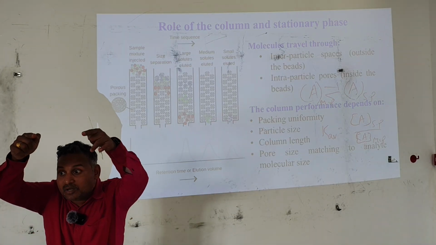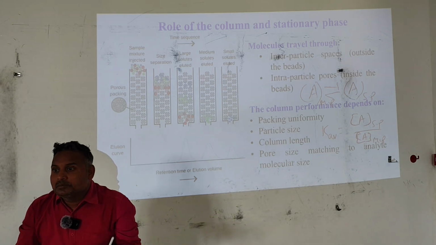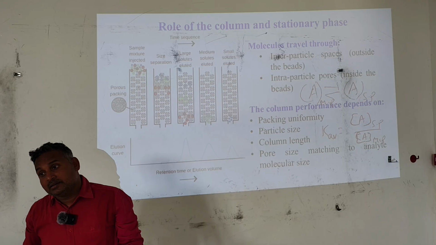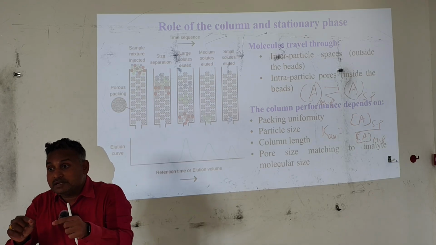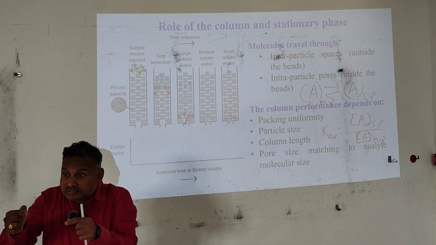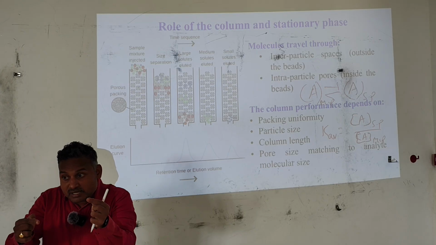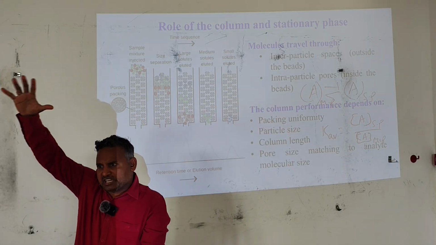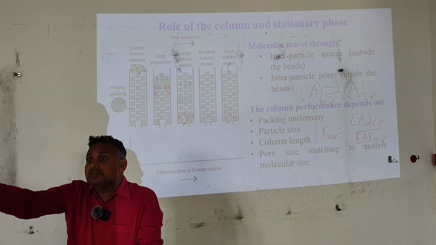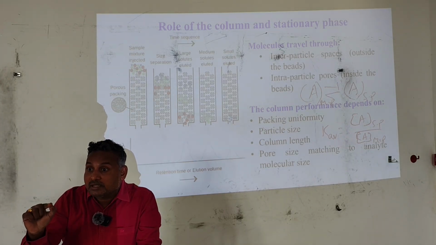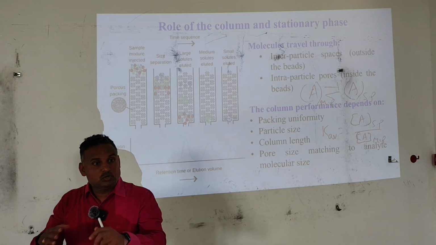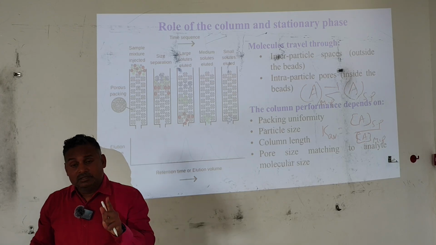The mixture entered into the column and the output is also a mixture, because those are not separated. Because there is no matching between the pores of the stationary phase and the size of the molecules. Because all the molecules have bigger size when compared to the pores of the stationary phase. Is it clear? That means no separation. No separation.